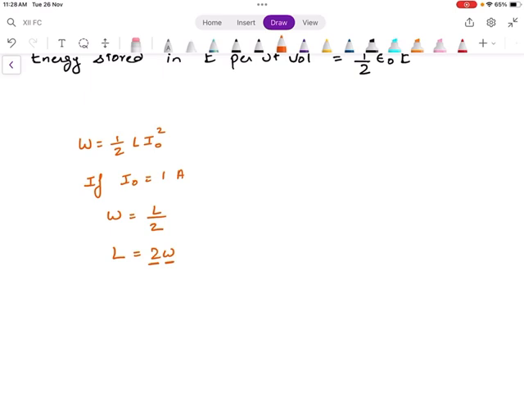Also, you can see that we have an equation for the energy stored in the magnetic field as half L I square, where L is the self-inductance and I is the current. If I compare it with the kinetic energy, half m v square, by comparing these two equations I can say that L can be compared to m. This L is also called electrical inertia.